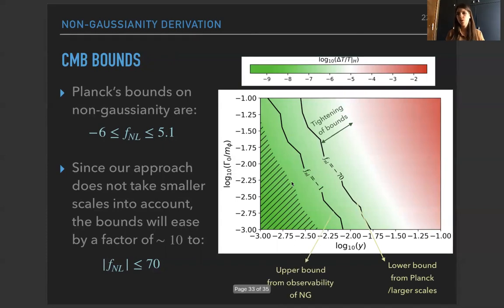Now, the minus 1 line is something quite different. It's sort of a bound that comes from observability, because we know that any contribution of FNL below order 1 will always be amplified to order 1 by secondary effects, such as gravitational effects that happen even before CMB decoupling.